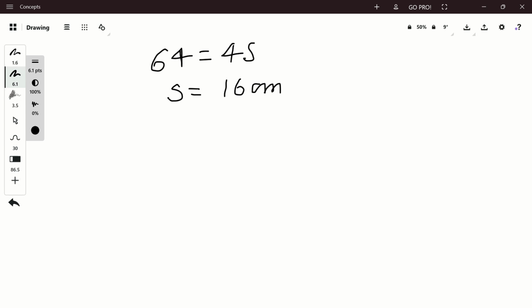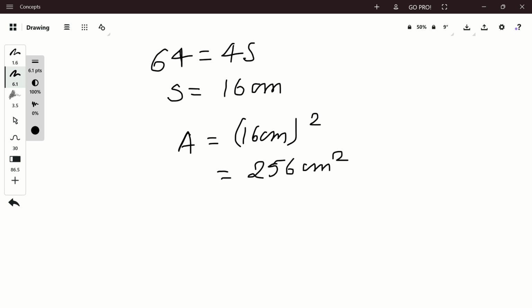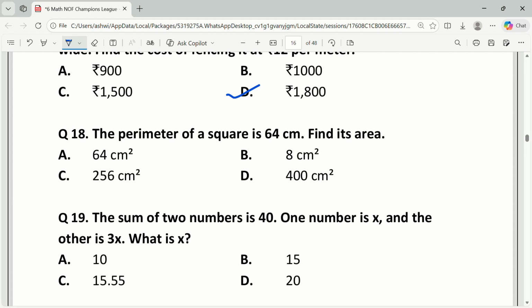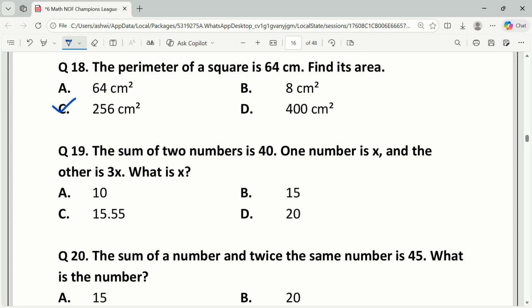The area of a square is given by A is equal to S square. Using S as 16 centimeter, we have A is equal to 16 centimeter whole square, which is equal to 256 centimeter square. Comparing with the options, the answer is C, 256 centimeter square.